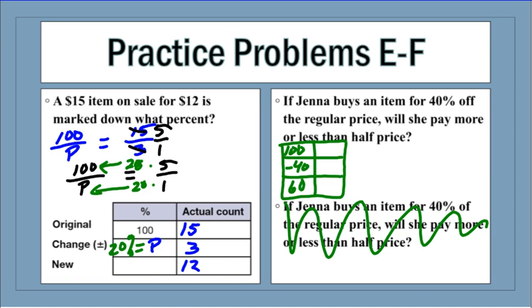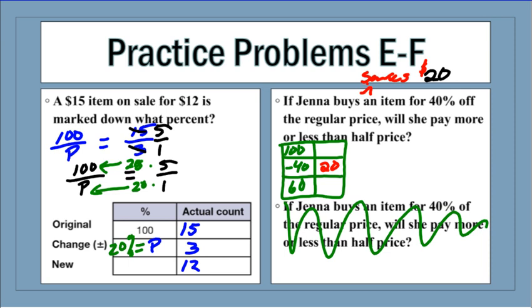And she saves $20. I forgot to put the $20 in there, so put the $20 in there.